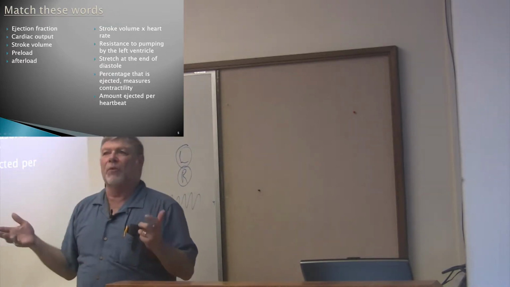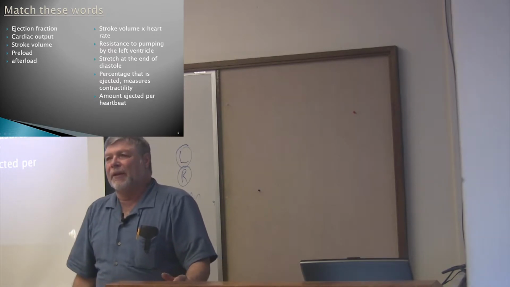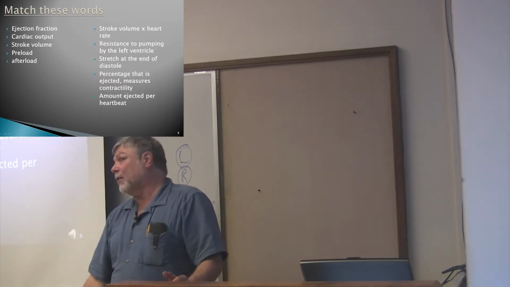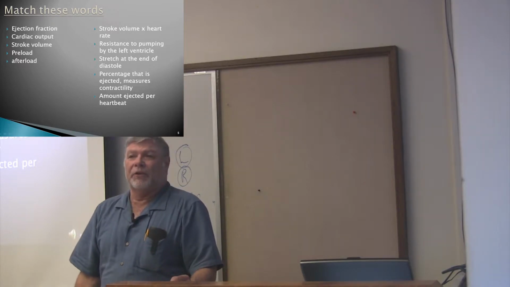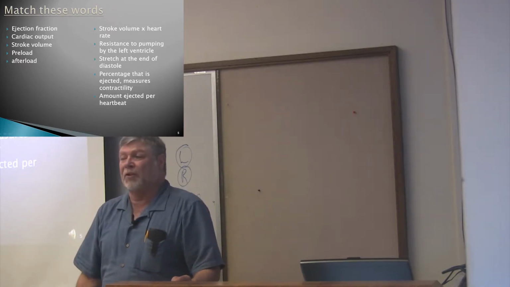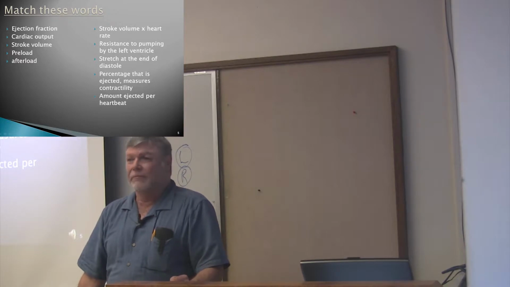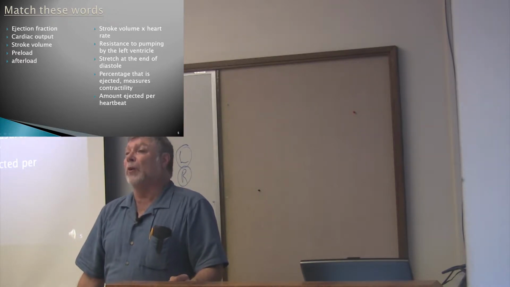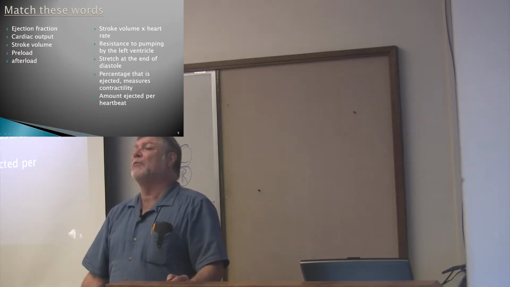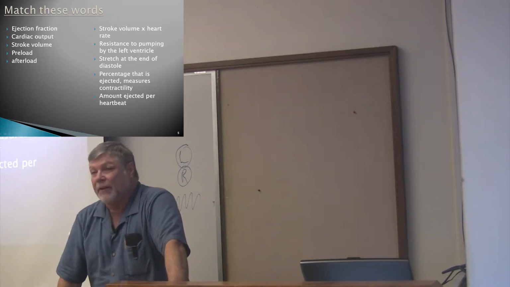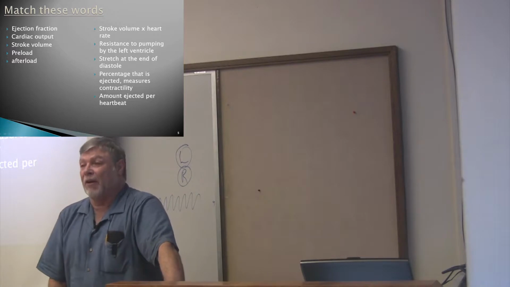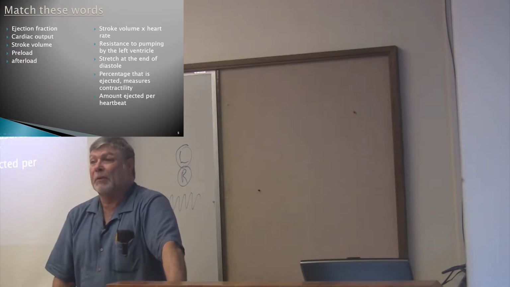Contractility is usually measured other ways because there are drugs, you won't know about this yet, but in your pharm class you will eventually learn about drugs that are called inotropes. Tell me what you know. I just know that it's the contraction. Yeah, they affect the contractility of the heart, as opposed to chronotropes.